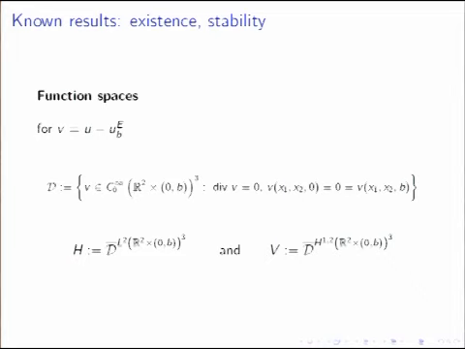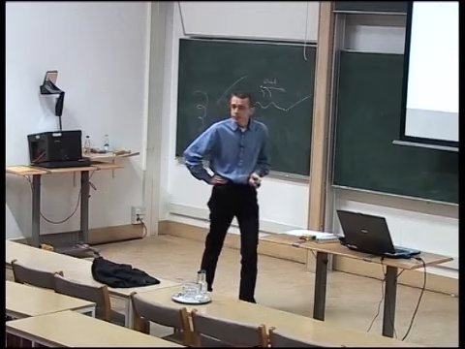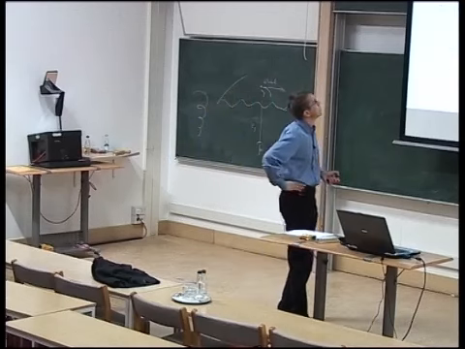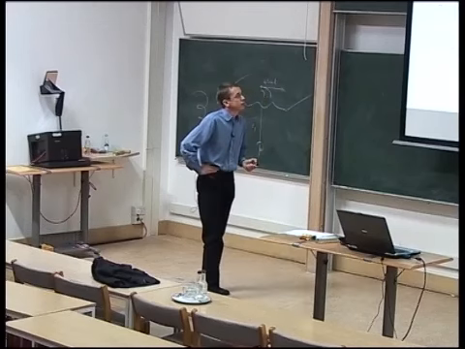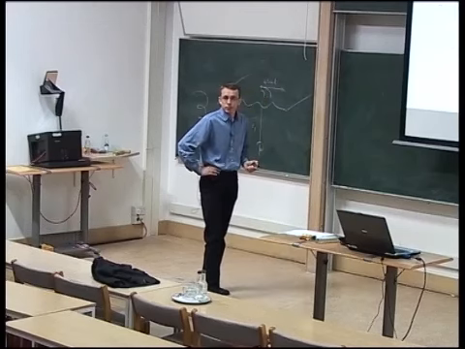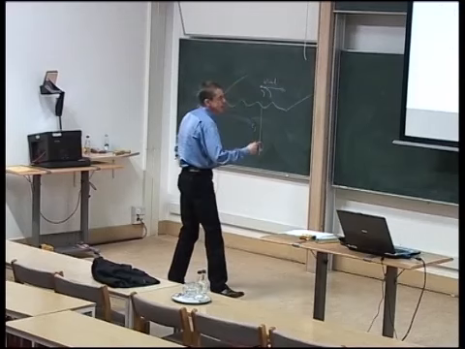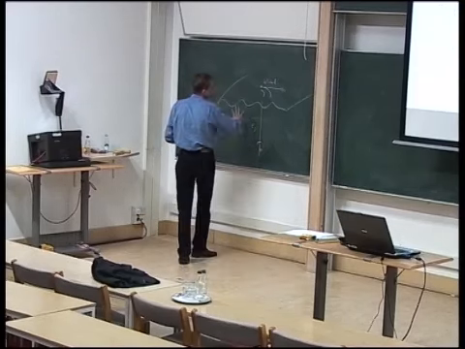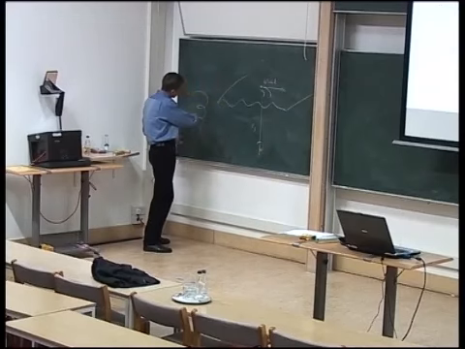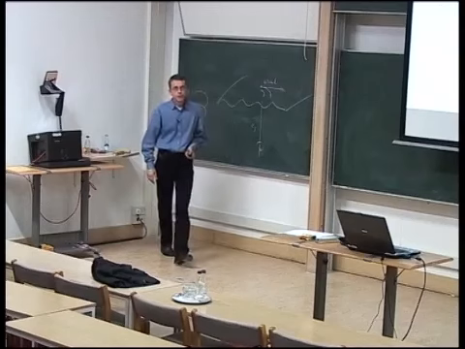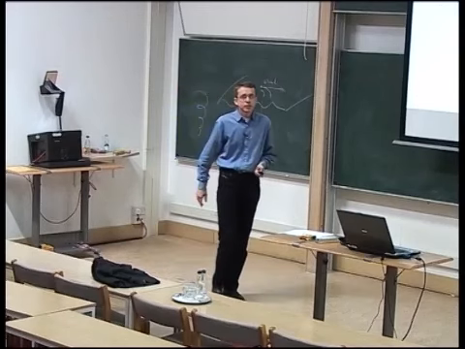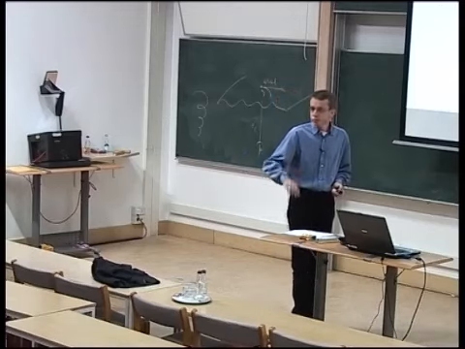To make the statement precise, I need to introduce the function spaces. The function spaces will be for V, which is the difference between the velocity field and the stationary solution. And for that, you can impose Dirichlet boundary conditions, because what you want to study is how the fluid for large time will approximate the stationary solution. Then you can get rid of these weird boundary conditions.